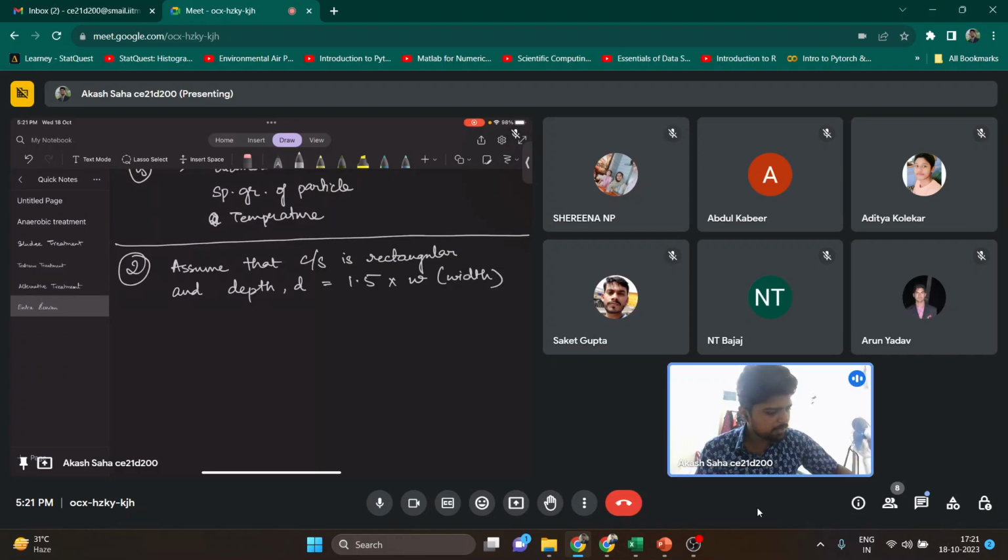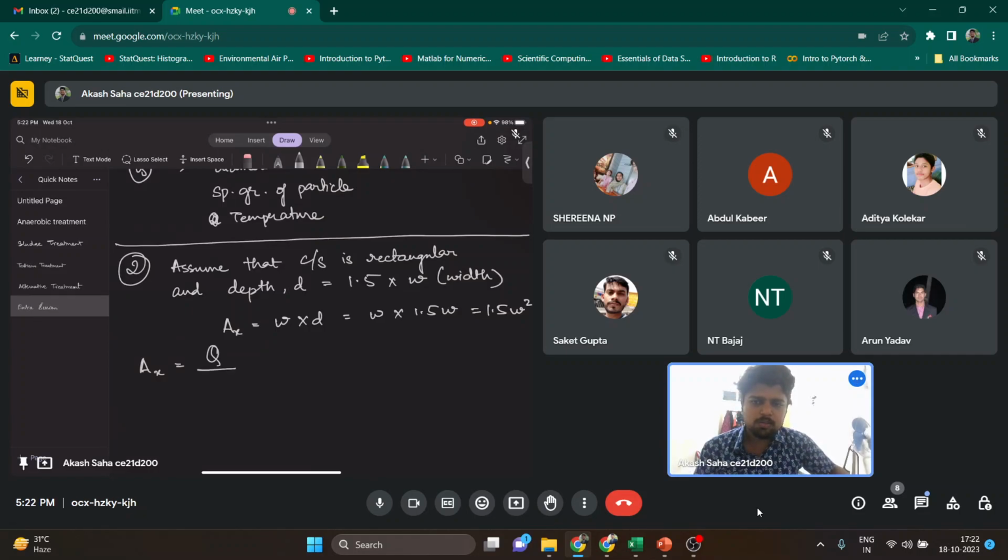So what will be my area of cross section? My area of cross section will become W into D, or W into 1.5 W, or 1.5 W square. Okay, so this is my area of cross section. Now again, my area of cross section I can find out by dividing the flow by what?